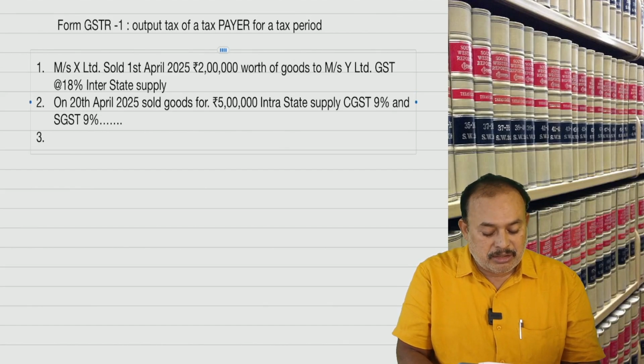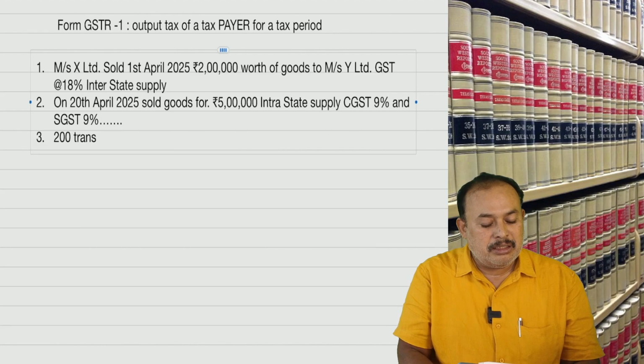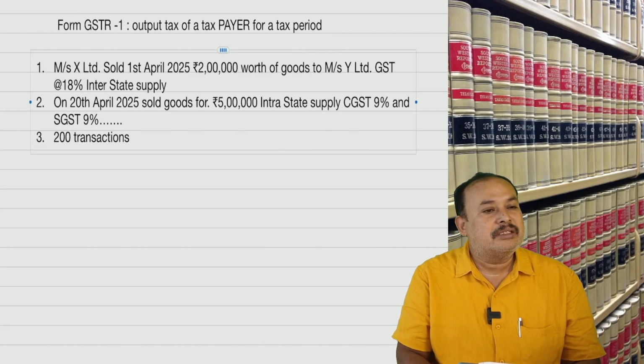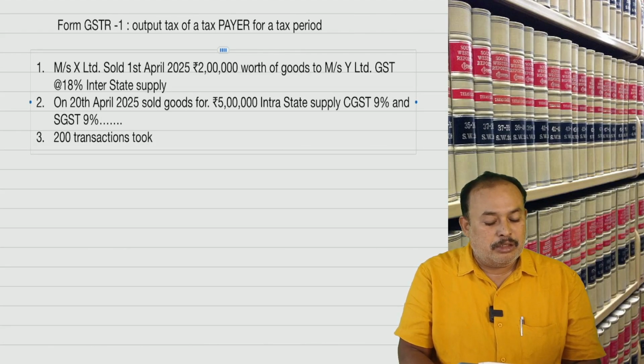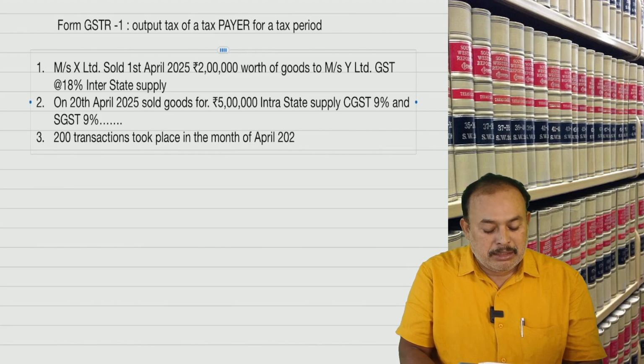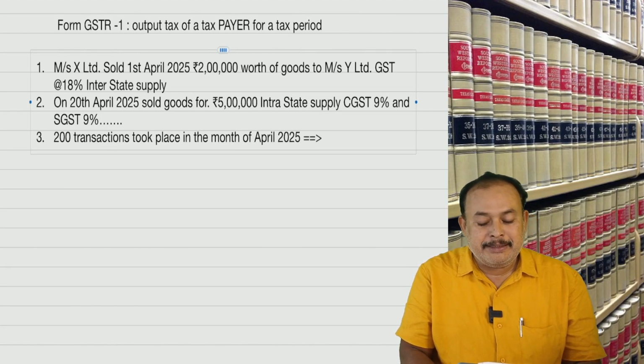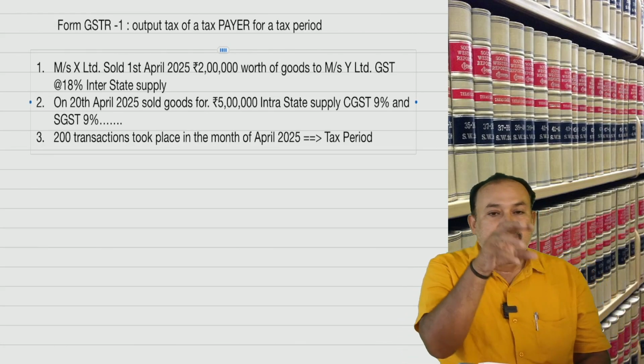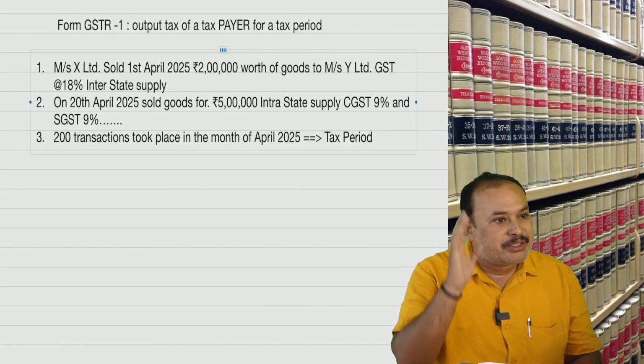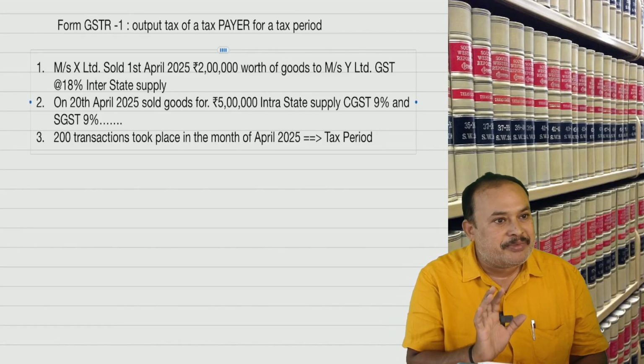Likewise, there are 200 transactions that took place in the month of April, which is nothing but the tax period. Tax period means the period for which you are going to pay the tax. Is that clear, my dear friends?